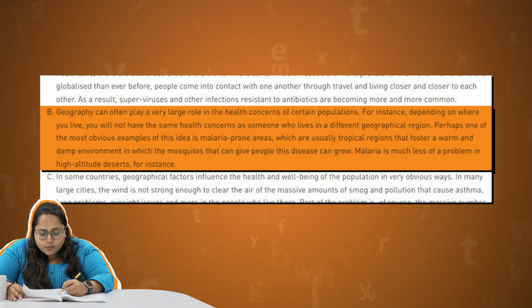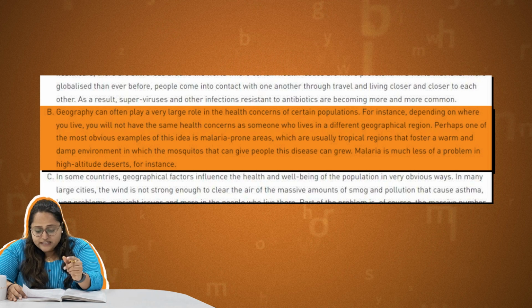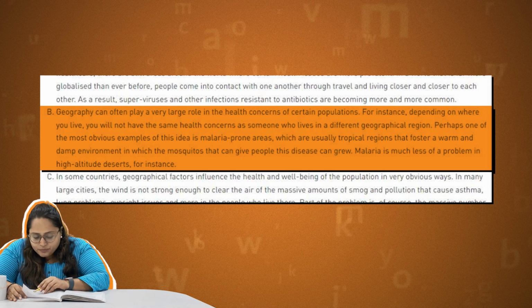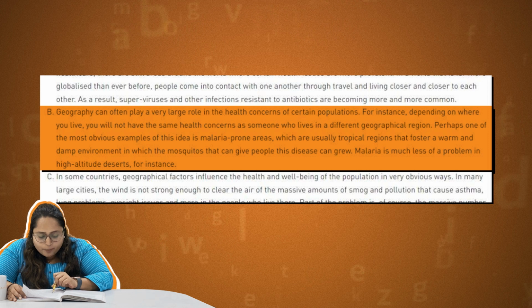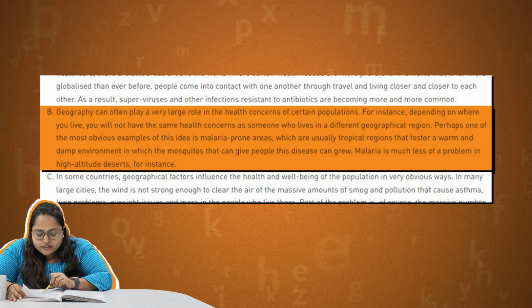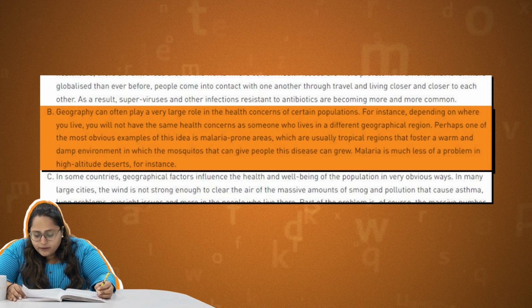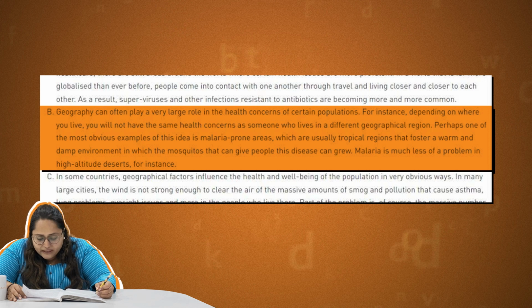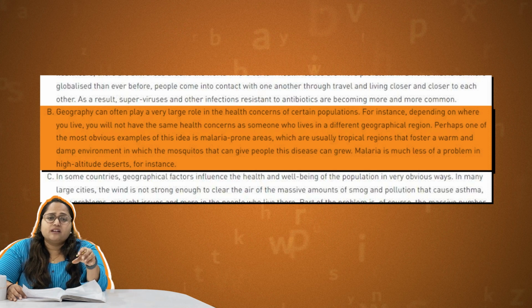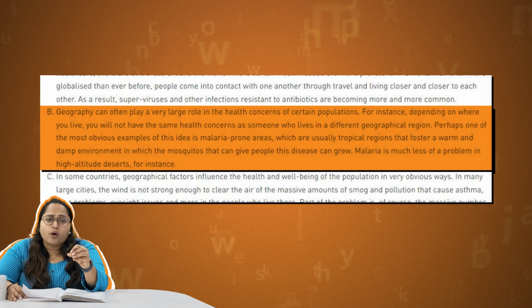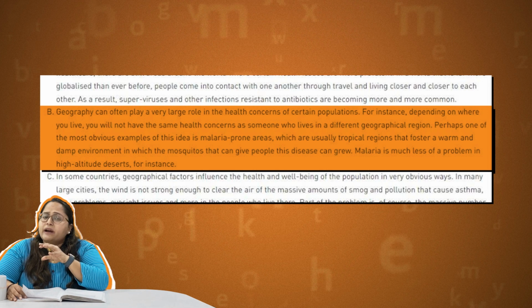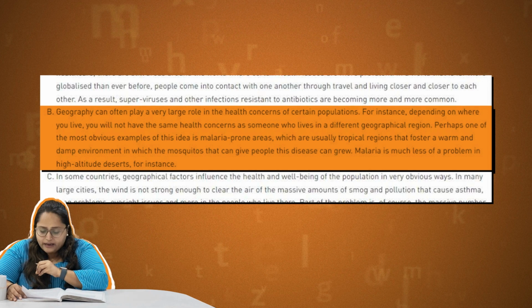Perhaps one of the most obvious examples of this idea is malaria, means a particular disease, malaria prone areas, which are usually tropical regions that foster a warm and damp environment in which mosquitoes that give people this disease can grow. Malaria is much less of a problem in high altitude, means any particular disease which is a problem in one particular area but might not be in some other particular area.